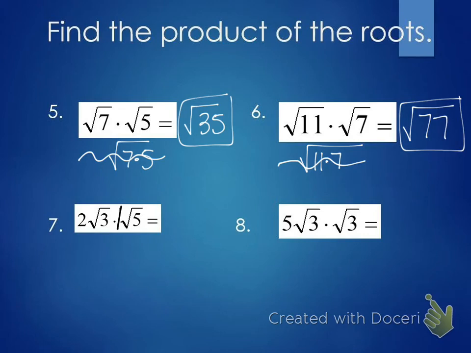And of course, 2 times 1 is 2. Stays outside. Anything that was inside gets multiplied together, stays inside. So 3 times 5 is 15. And again, 15 does not simplify. It would just break back into 3 and 5, which are prime. So that's our answer.